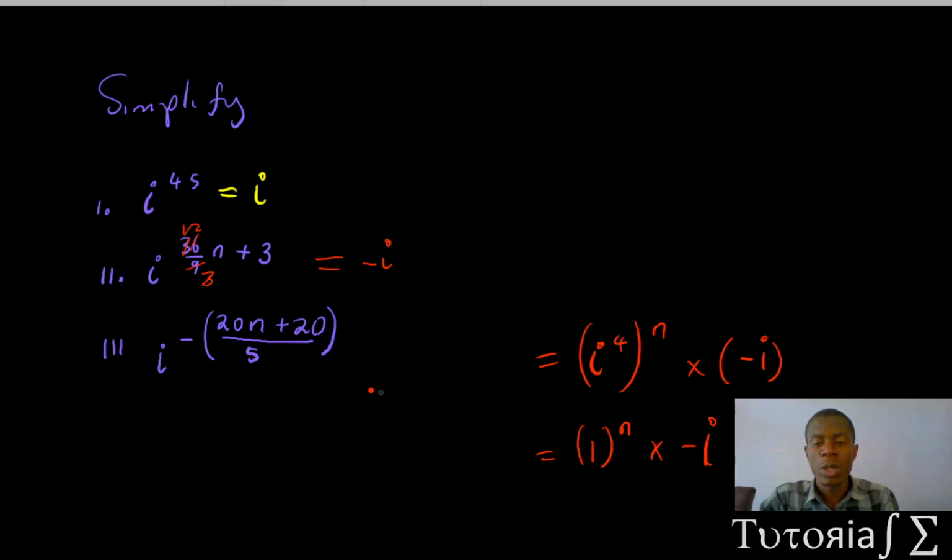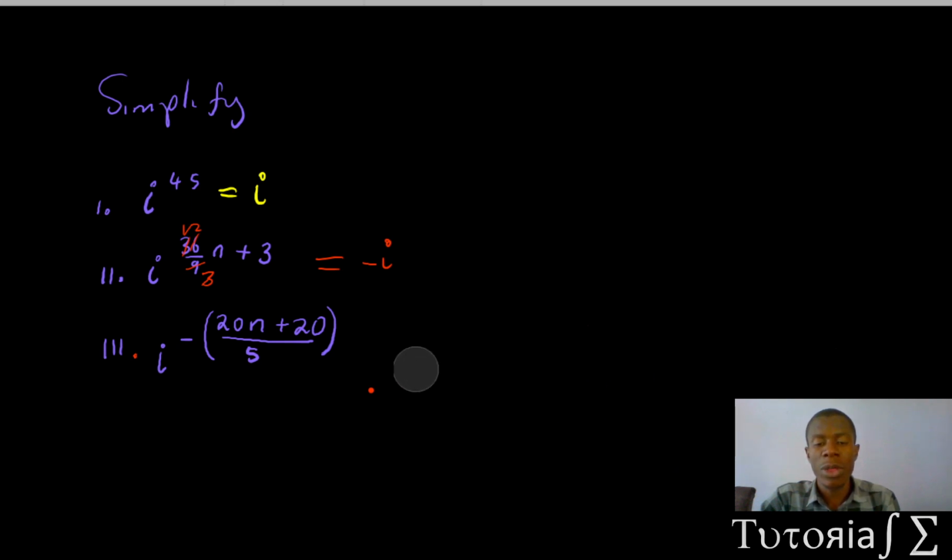Then we go on to question 3 here. We have i to the power (-20n plus 20) over 5. We know that the denominator applies to both the 20n and the other 20. So we can write this as i to the power of -20n over 5 plus 20 over 5.